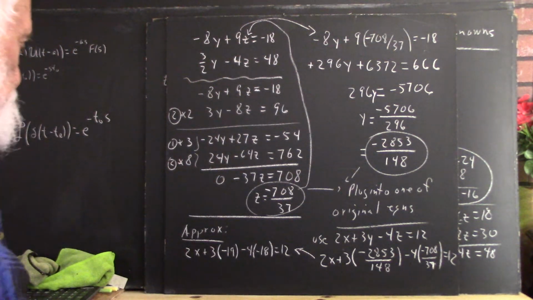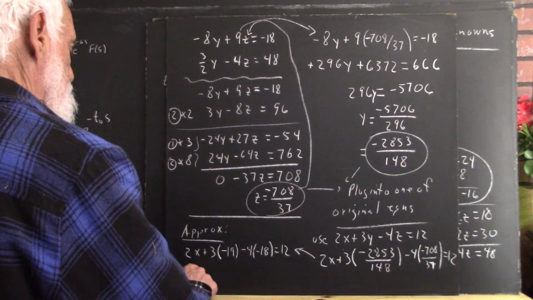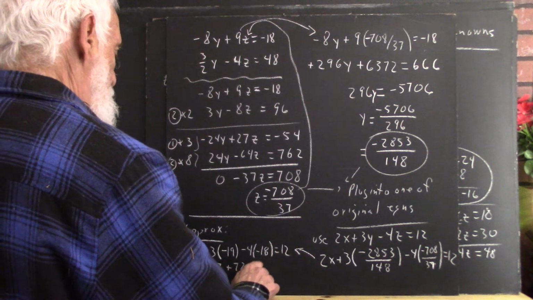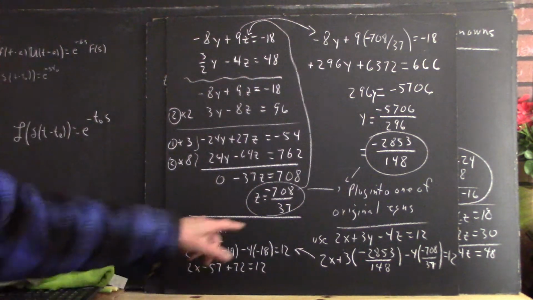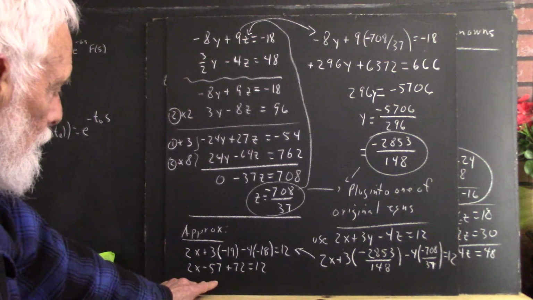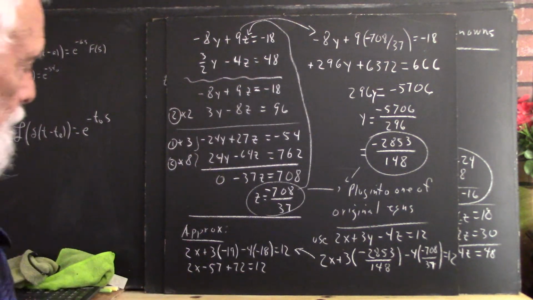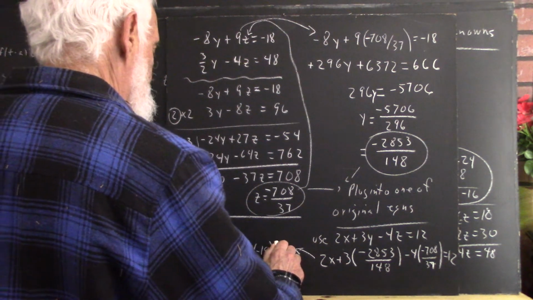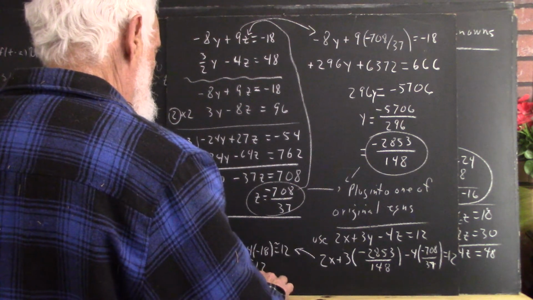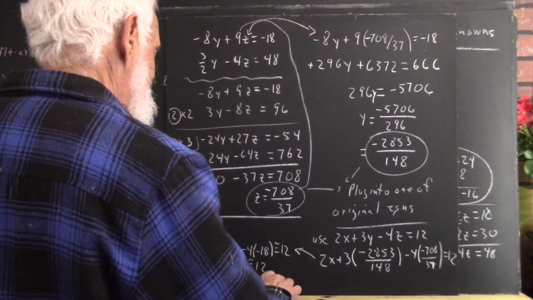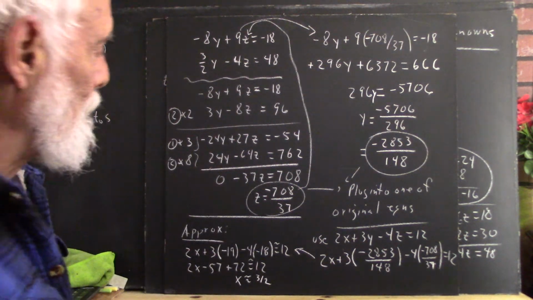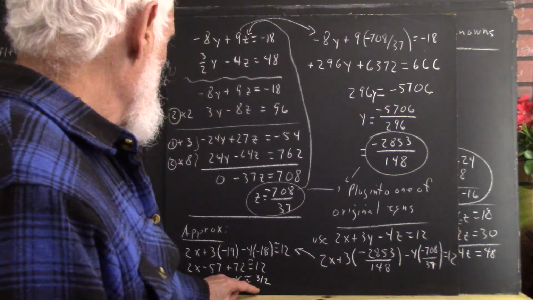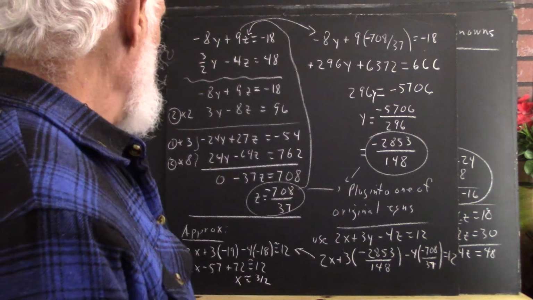Okay, so easy to multiply these. And negative 5772 is 15. You subtract that from 12. You get x equals, and these are approximate equals, pretty close to 3/2. Okay, so our solution is approximate. X is about 3/2, y is negative 19, z is negative 18.